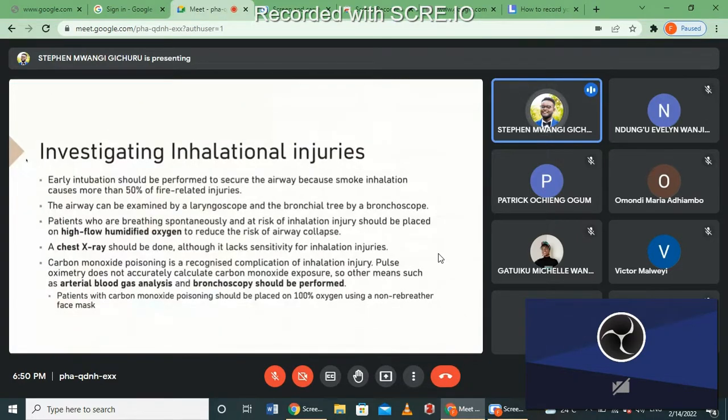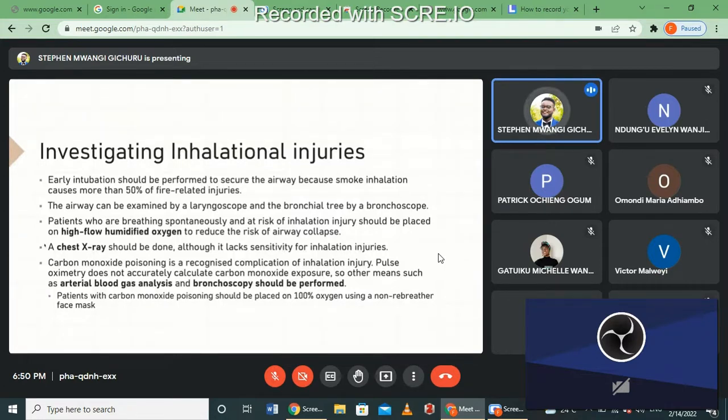The next question is, how do we investigate inhalational injuries? Intubation, other than that, is actually part of management. If you suspect someone has inhalational injuries, you might have to intubate, and we'll talk about when to intubate. The first thing is to do a chest X-ray.